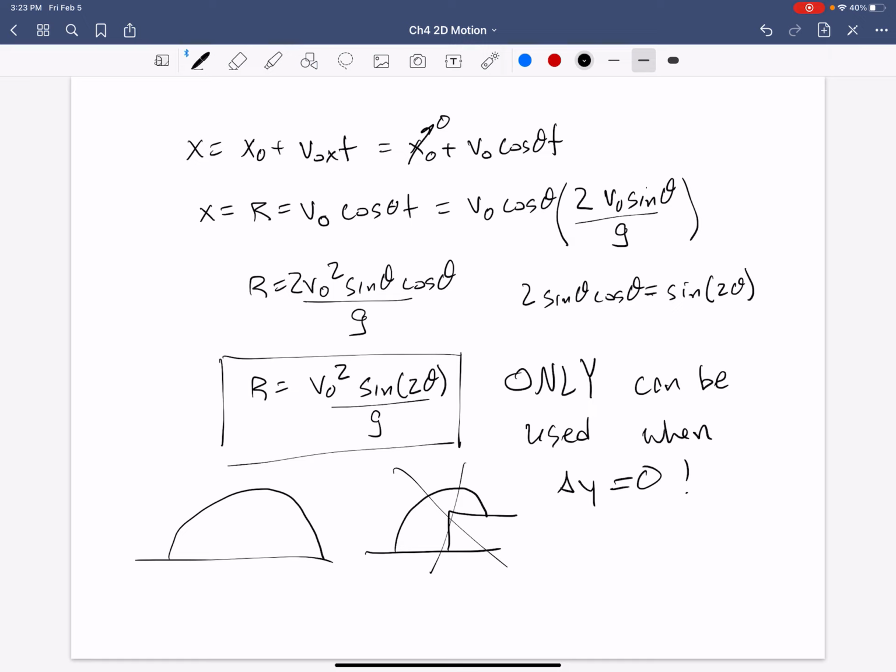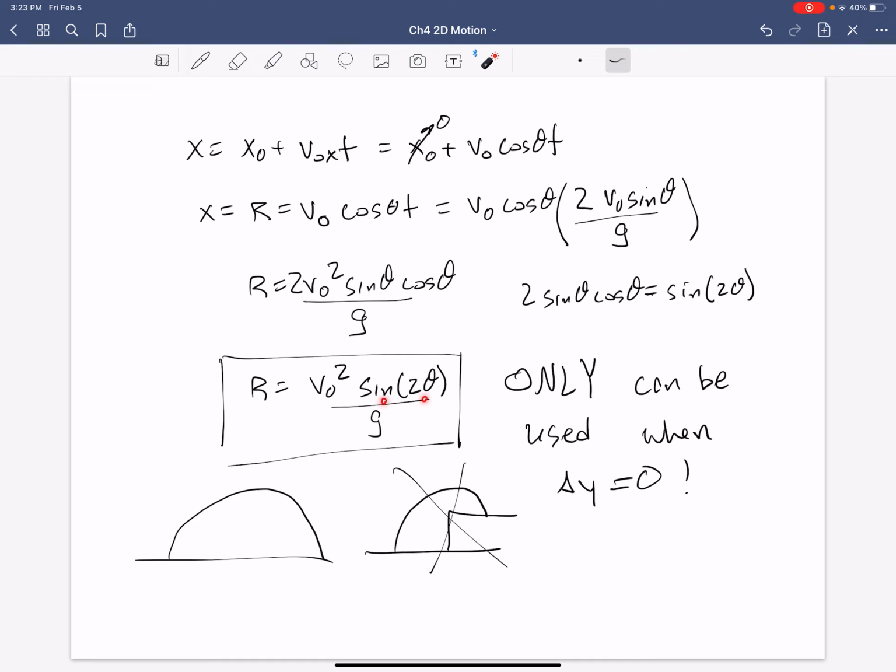What angle would give you the maximum range for some initial speed? Well, we need to maximize sine in that case. Sine is maximum when the argument is 90. So that means for our argument here to be 90, theta has to be 45.